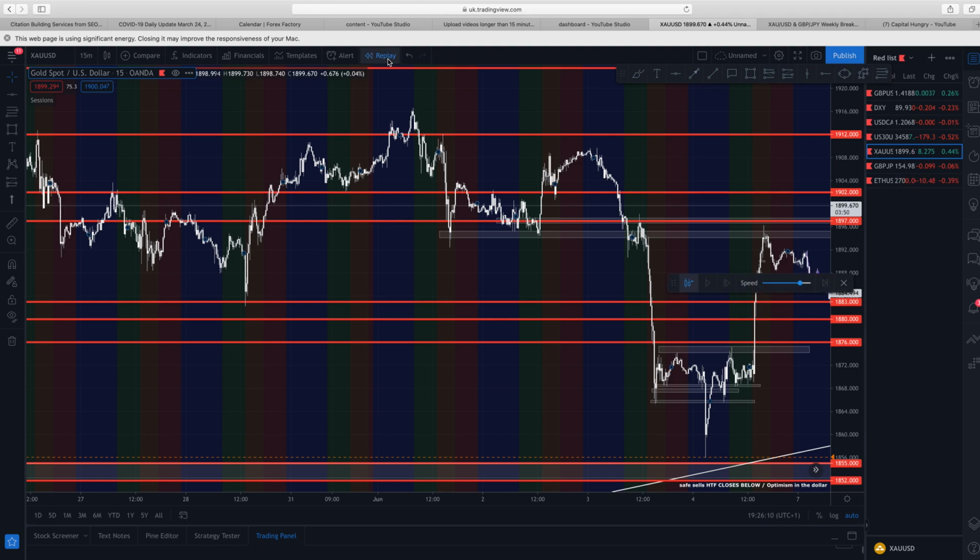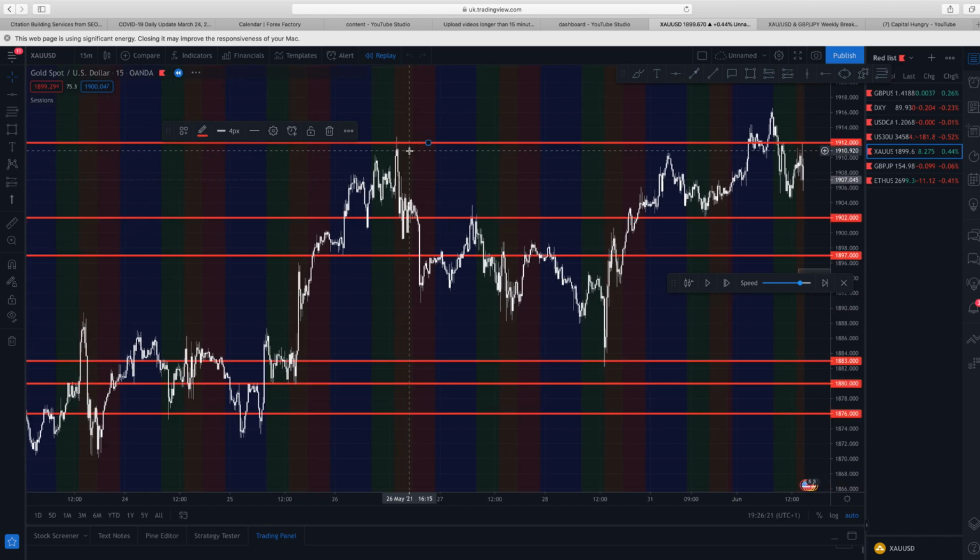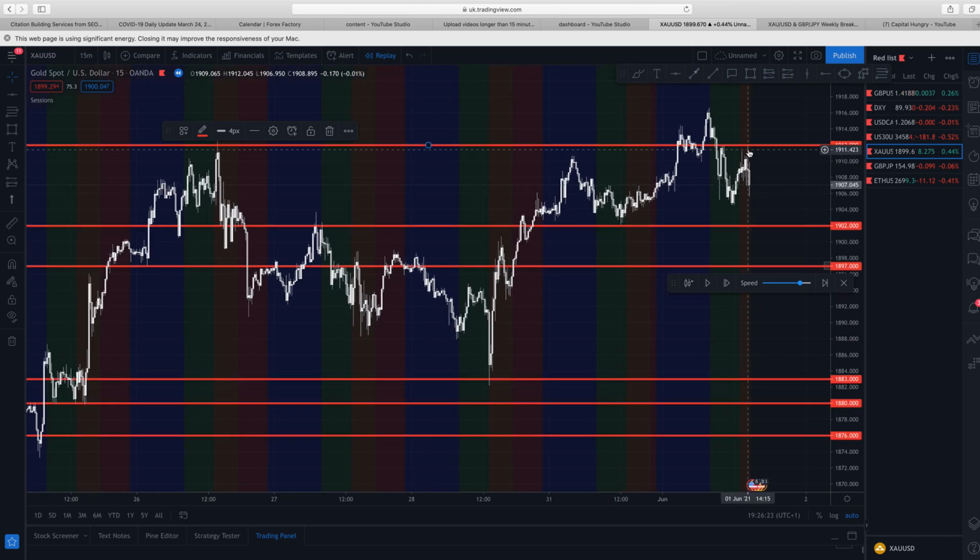Like this is good. If you wanted to counter trend, if you had the nuts to, then you can see a perfect rejection of key level 1912. What you'd see is just market structure as well.